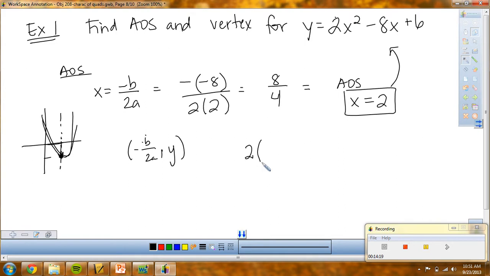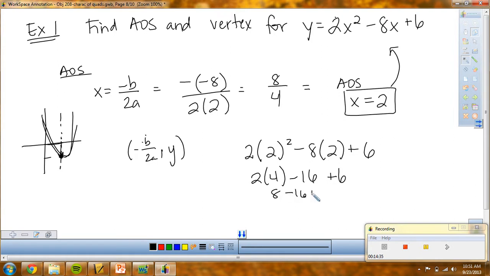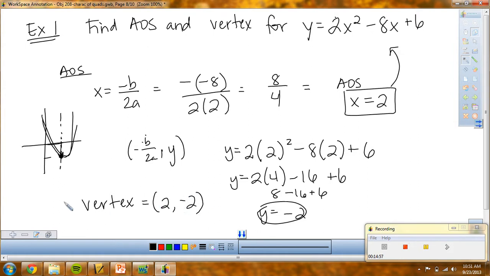So I have 2 times 2 squared minus 8 times 2 plus 6, and I get 2 times 4 minus 16 plus 6, or 8 minus 16 plus 6, which gives me negative 2. And that's my y value, if we want to carry this down. So if my x is 2 and my y is negative 2, then my vertex is equal to the x coordinate and the y coordinate.